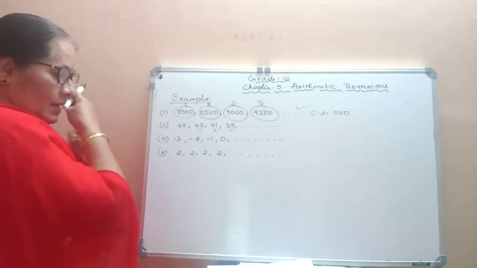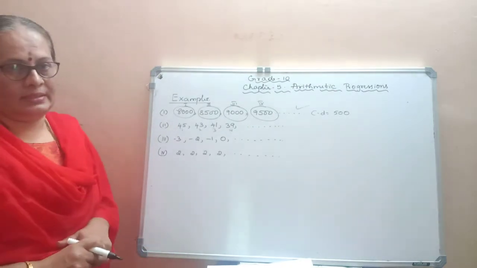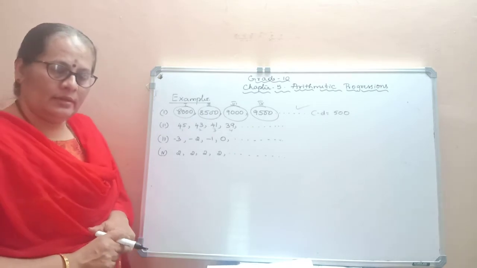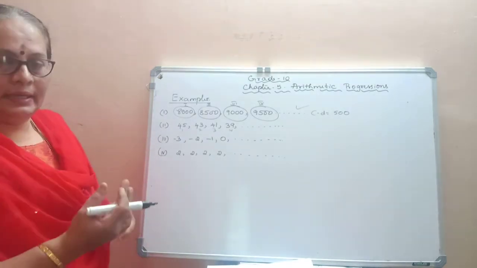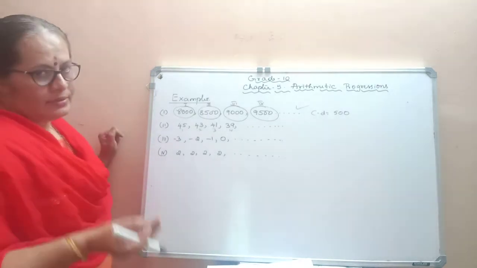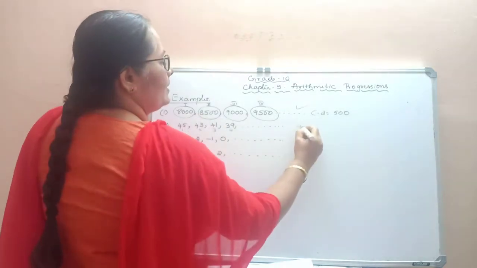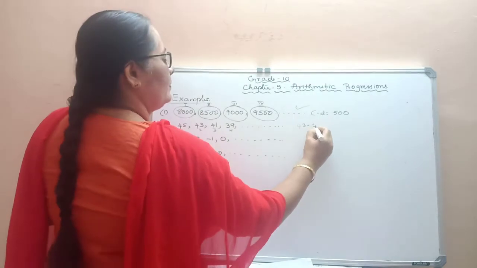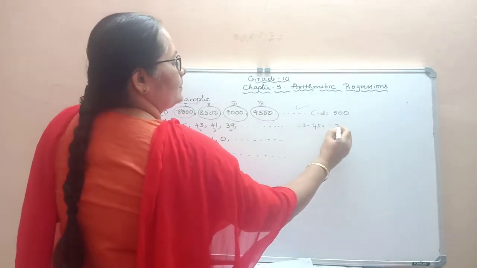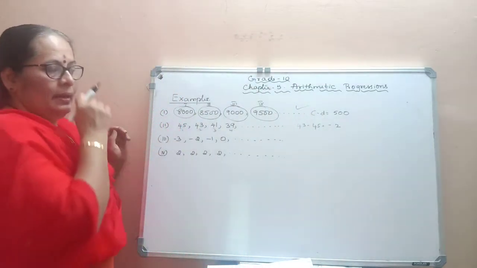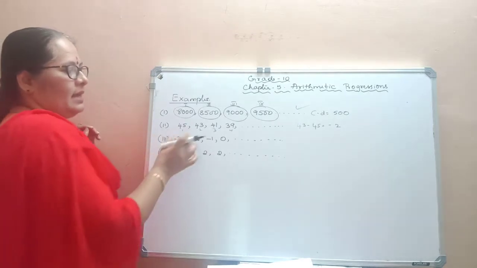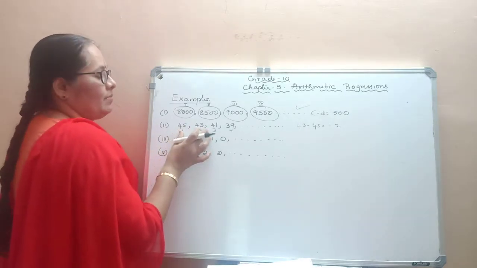Now, what is the difference between these two numbers? Whenever finding the difference, we have to subtract the first term from the second term. Like this we have to subtract. Now 43 minus 45. What is the difference? Minus 2. The difference is minus 2. It means that the common difference is minus 2.